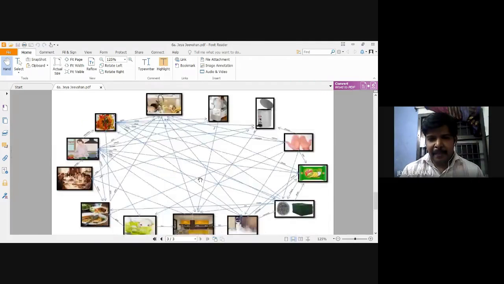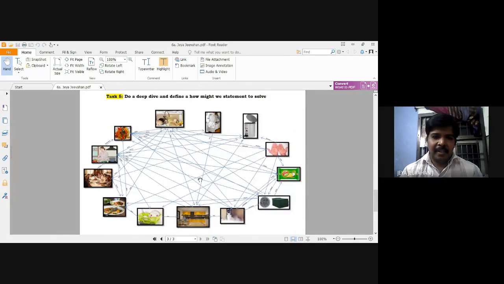Then I have prepared the interaction matrix. Later, the pictorial representation of the interactions. Here I have added all. In fact, I have added one more, which is a dustbin, because the dirt should be taken and put in the dustbin, but it was not mentioned in the interaction matrix.